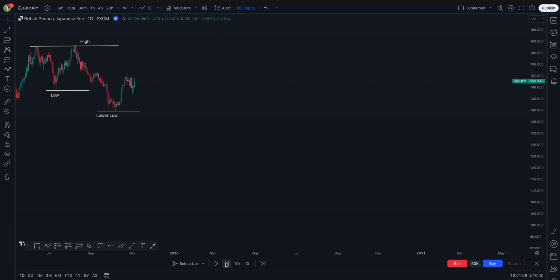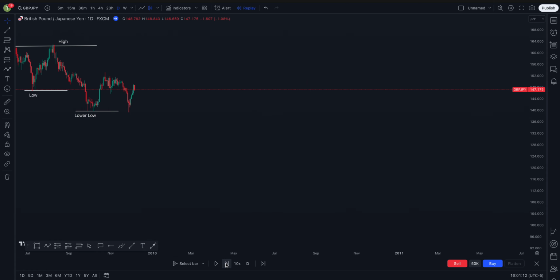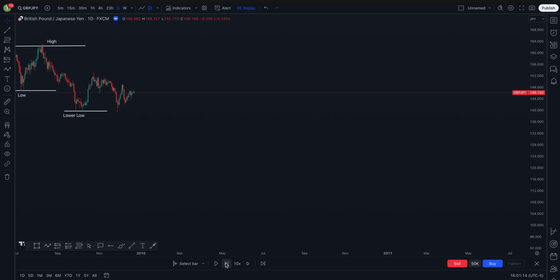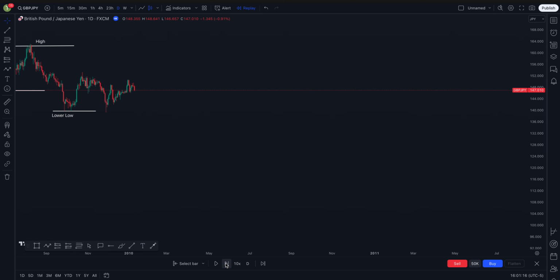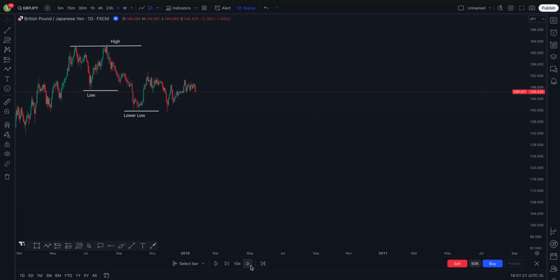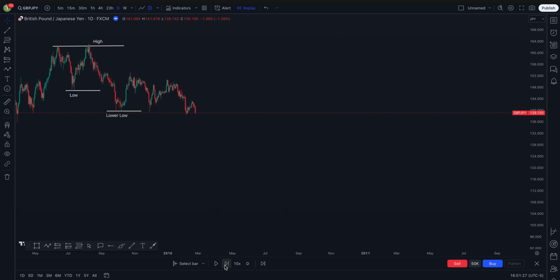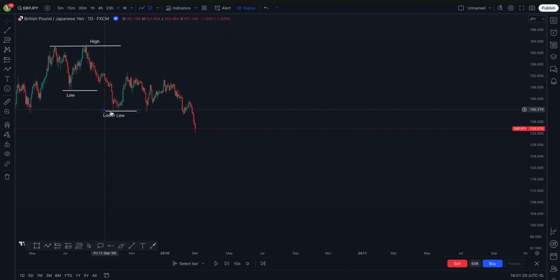Let's see if price breaks the high before breaking the low. If it breaks the low first, did it break the low? Not quite. So it has to break the low or the high for us to know the true direction. As it stands now, we have no direction, so currently price is consolidating. And then boom, price breaks this low.